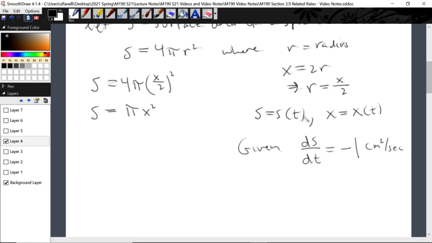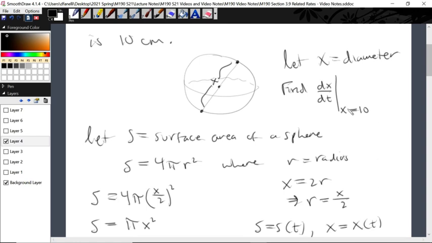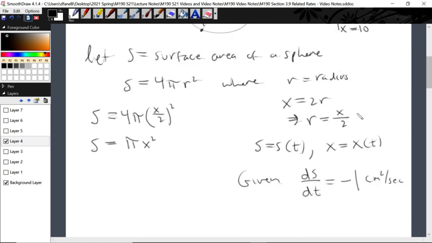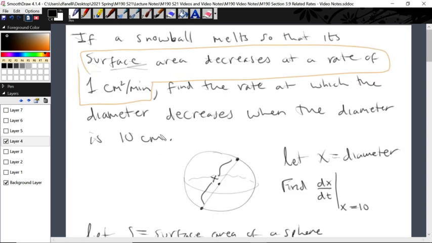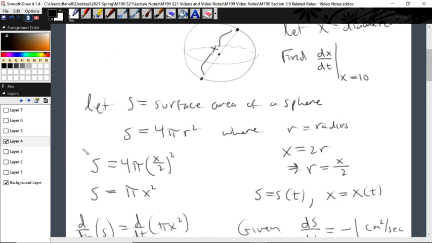And now we can go ahead and find dx/dt when x is equal to 10. To do that, we take the derivative with respect to time of both sides of our equation. On the left, that's just dS/dt, which is constant, but we would evaluate it at the time when the diameter is 10 centimeters.